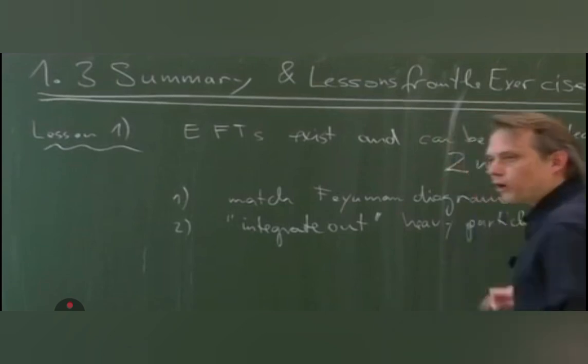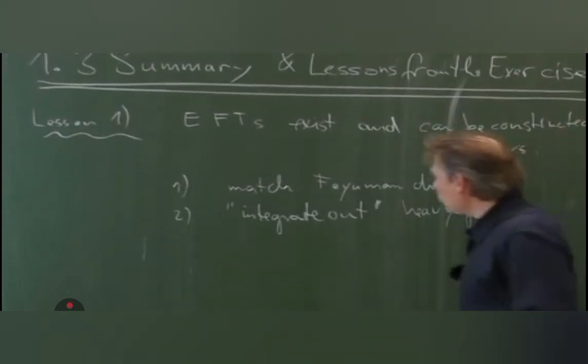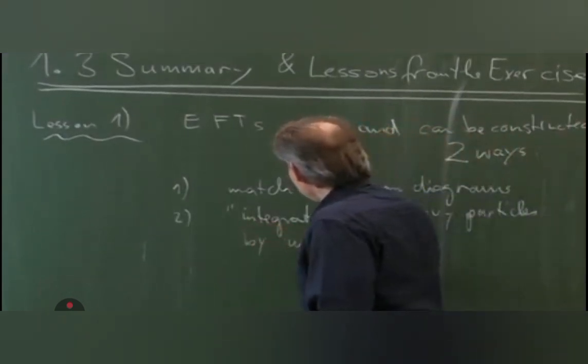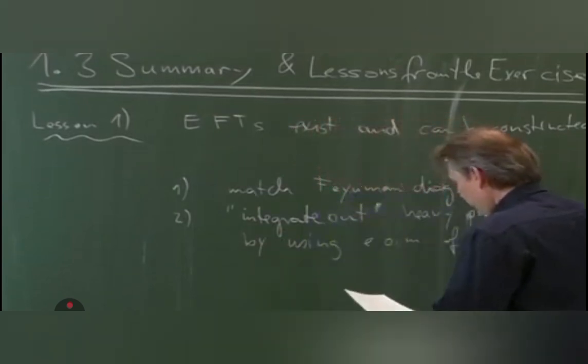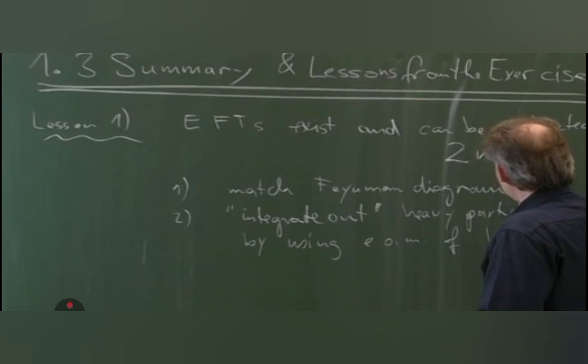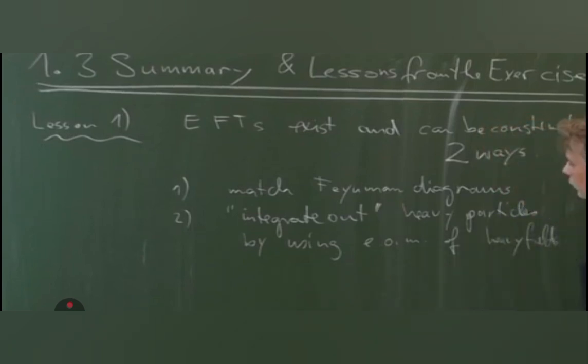And in our cases, this integration works by using the equations of motion of the heavy fields in the full theory, and by plugging in the solution to the classical equation of motion for the heavy field into the Lagrangian. Then the heavy field doesn't exist anymore. It has been replaced by some functional of the light field, and in this way we obtain a Lagrangian which just depends on the light field.